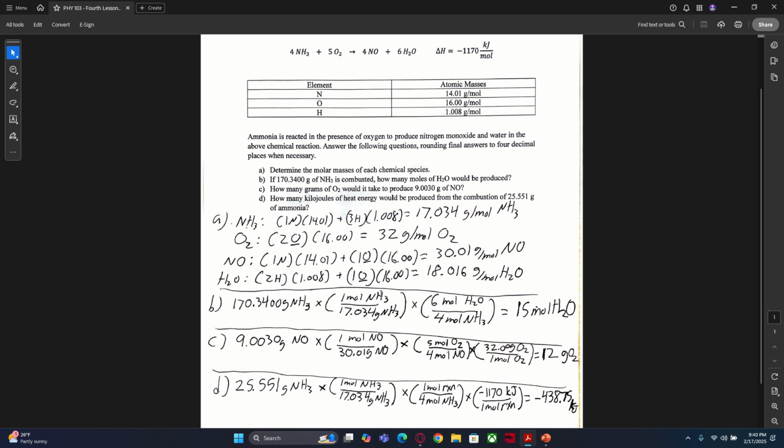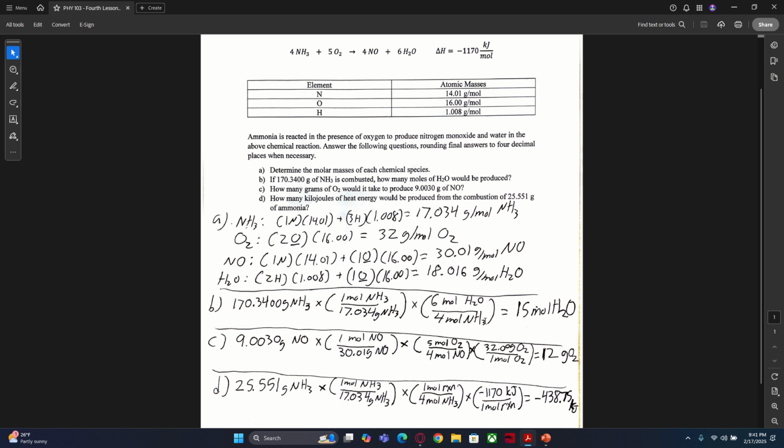So now, since we're going from moles of ammonia to moles of water, we need to multiply by the ratio of their coefficients. In the numerator, we're going to have what we want to end with, moles of water, which our reaction says that 6 moles are going to be produced each time this chemical reaction occurs.